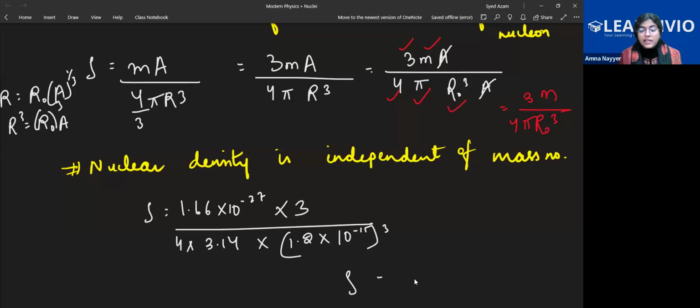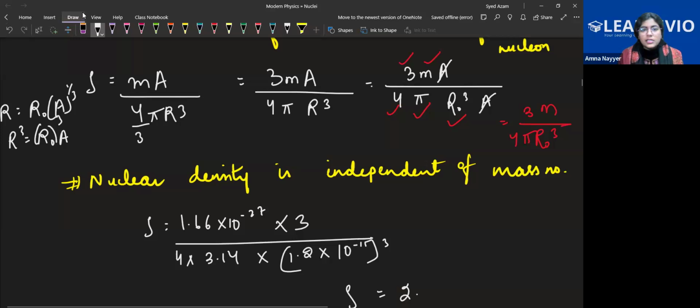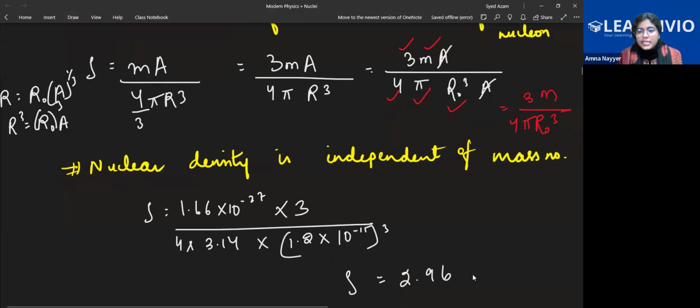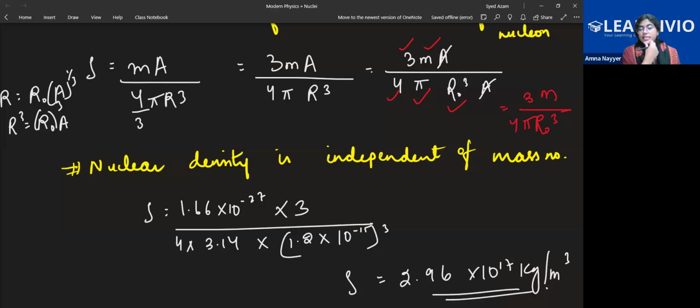If you write this value, around 2.96, sometimes 2.3 is also written. So I'll write 2.96 only. So this is 2.96 into 10 to the power 17 kg per meter cube. This is the value that is coming. Nuclear density is independent of the mass number.